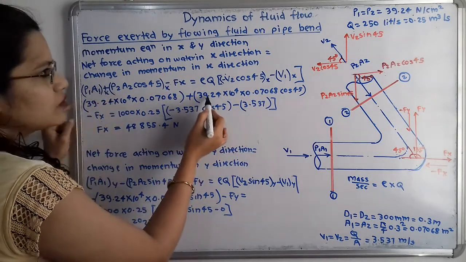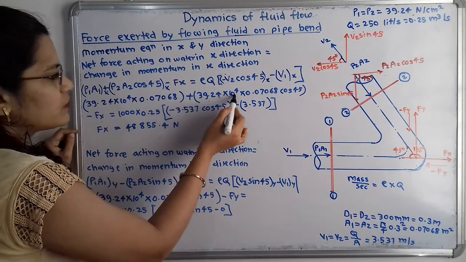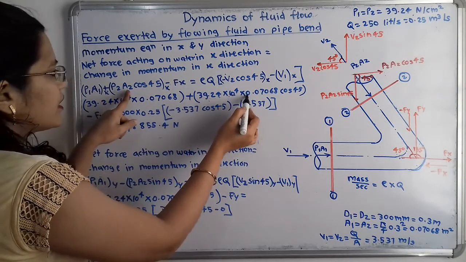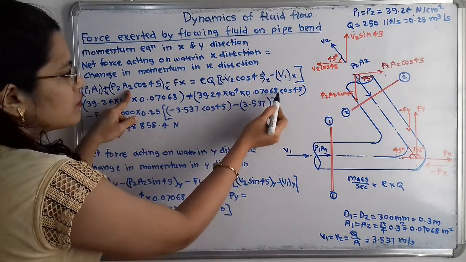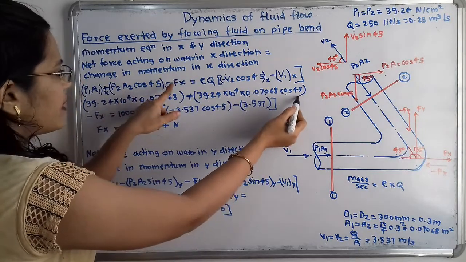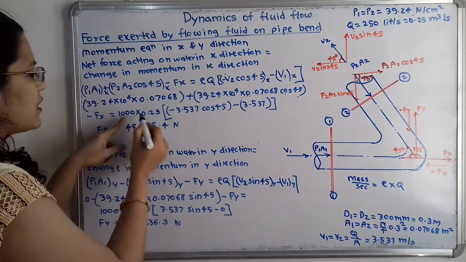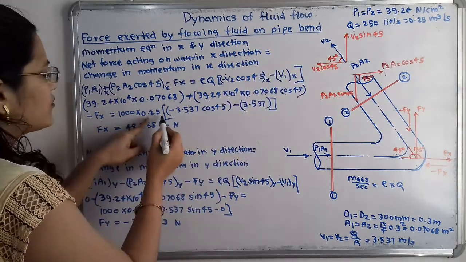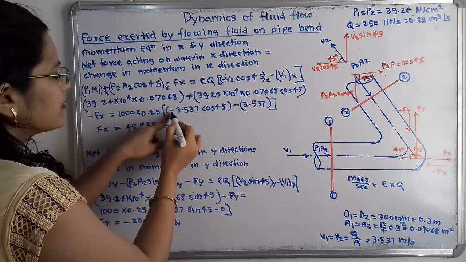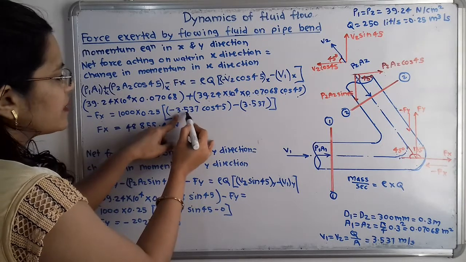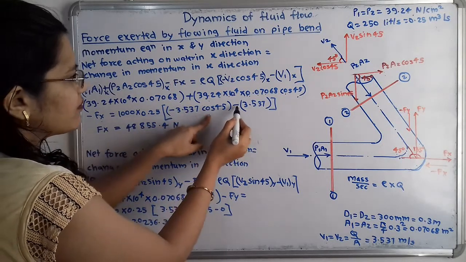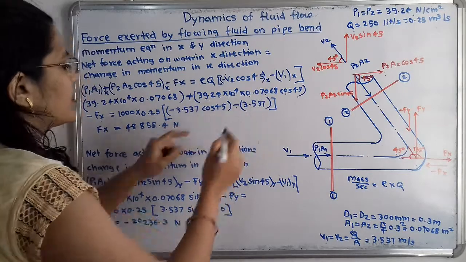P2 is also the same, that is 39.24 into 10 raised to 4, into A2, 0.07068, into cos of 45, minus Fx, is equal to rho, density of water 1000, Q, that is 0.25. Now minus V2 is 3.537 cos of 45, minus V1, that is 3.537.